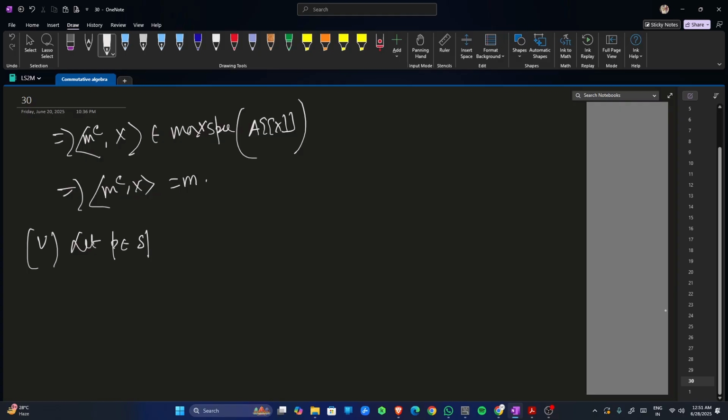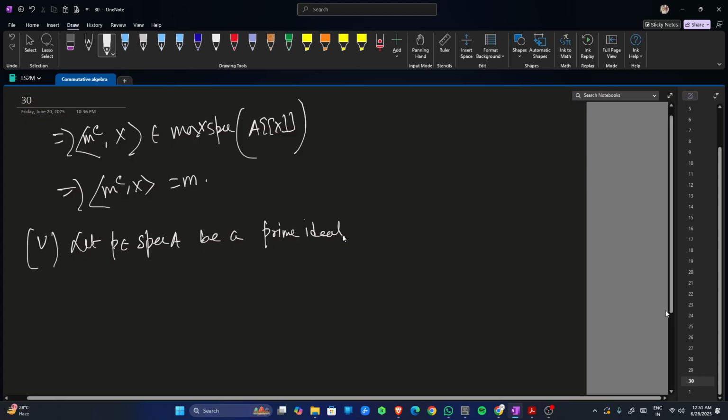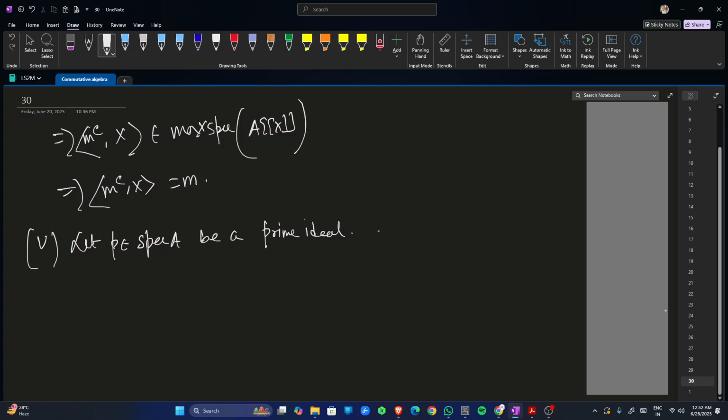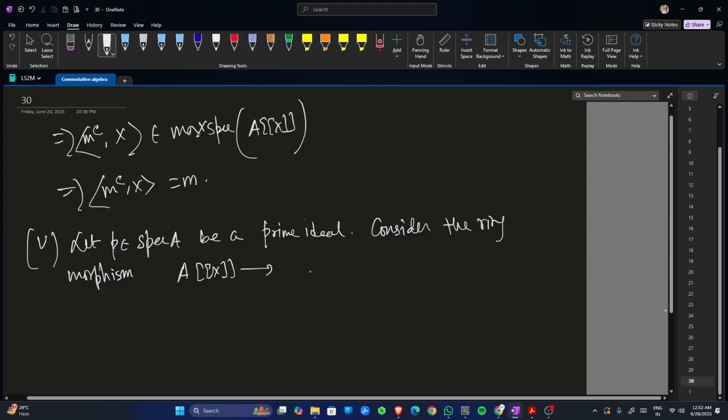let P belong to spec A, P a prime ideal. Okay, consider the ring morphism theta from A[[X]] to A mod P[[X]].